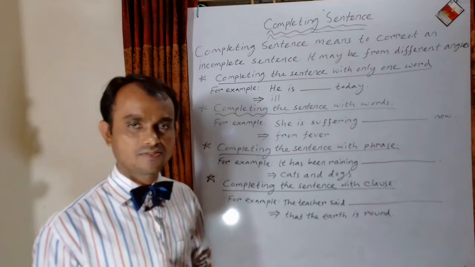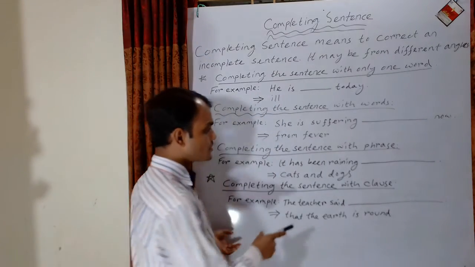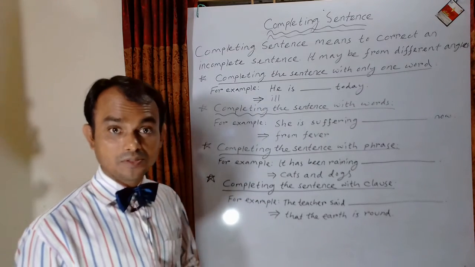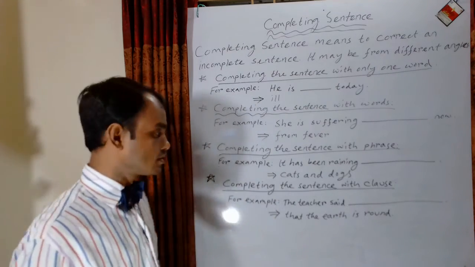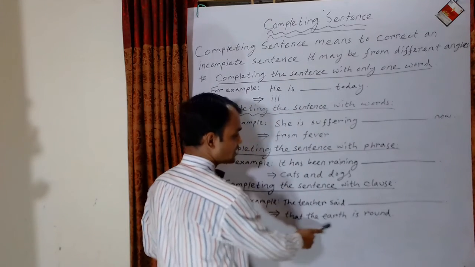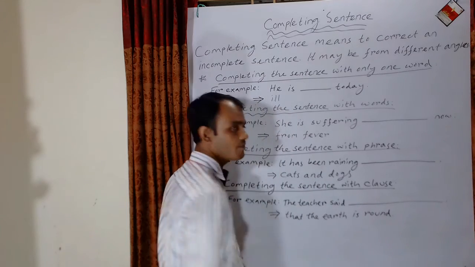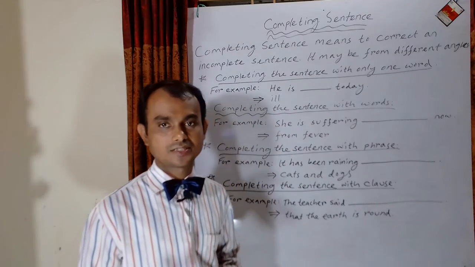From this incomplete sentence, we can understand we have to use a clause. We cannot use another thing. We have to use clause. Okay, that the earth is round. The teacher said that the earth is round. The earth is the subject and is is the finite verb here. Okay, this is a clause.